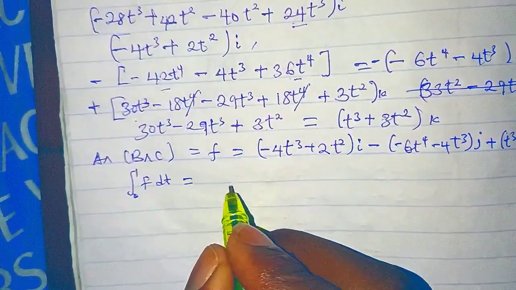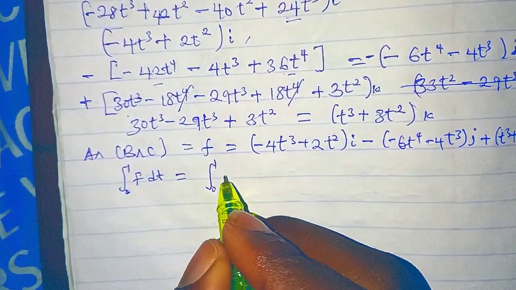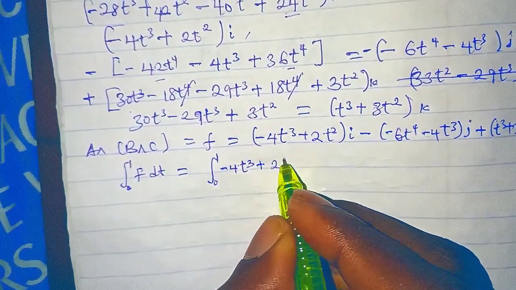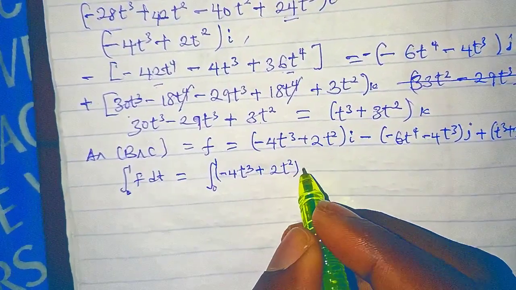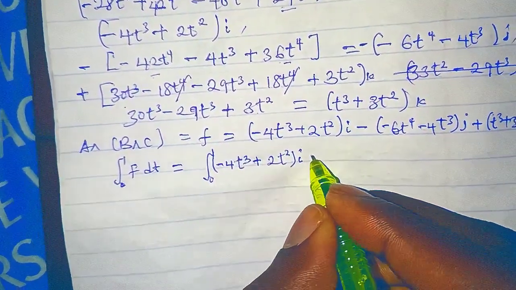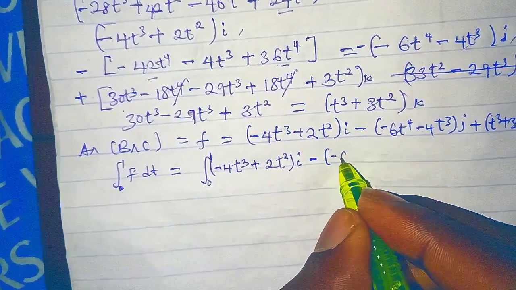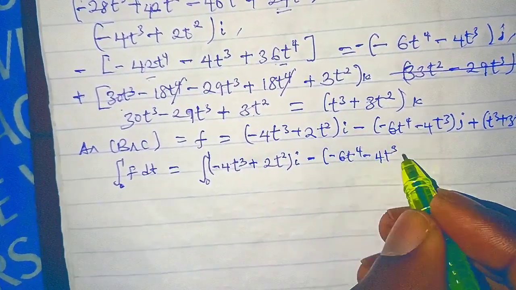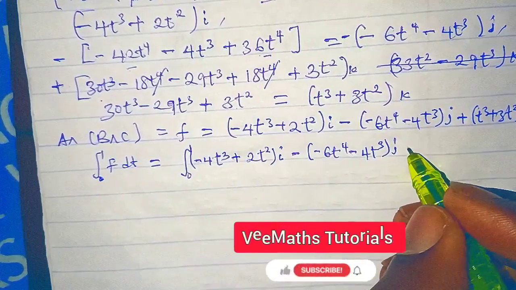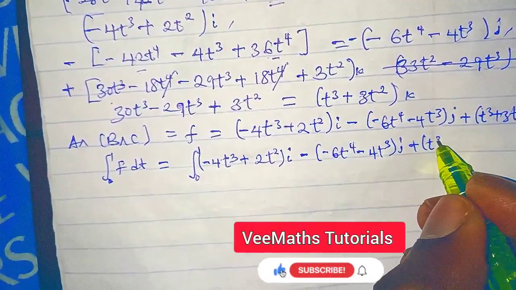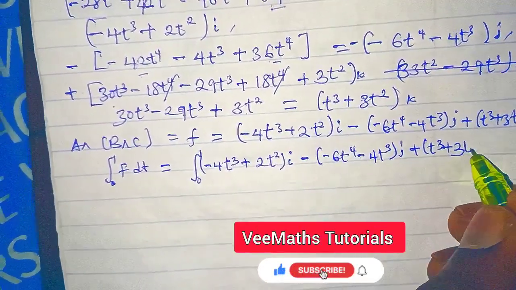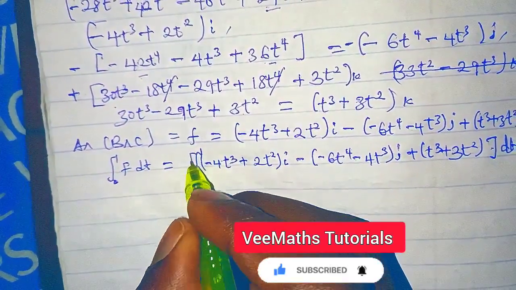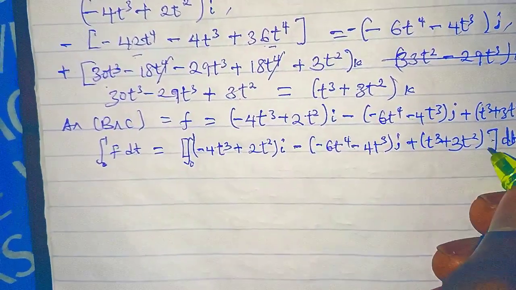So this is going to become the integral from 0 to 1 of minus 4t cubed plus 2t squared for i, minus 6t to the fourth minus 4t cubed for j, and plus t cubed plus 3t squared for k, everything here dt.